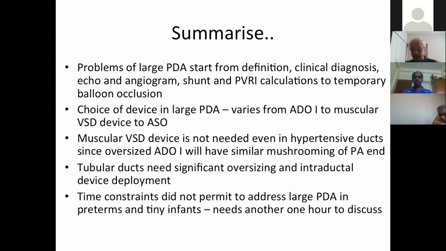I completely agree with you. The second question, Shiva, is from Dr. Srinivas. There was one patient in whom you had closed a very large PDA with systemic pulmonary artery pressure, equalization of diastolic pressures. That patient has already completed 10 years of follow-up.